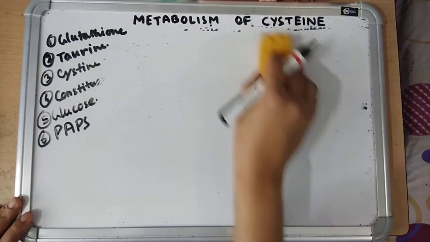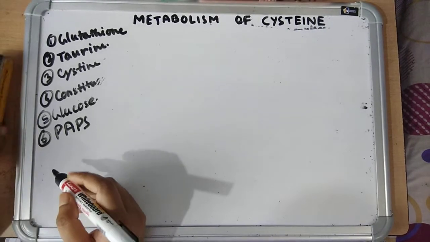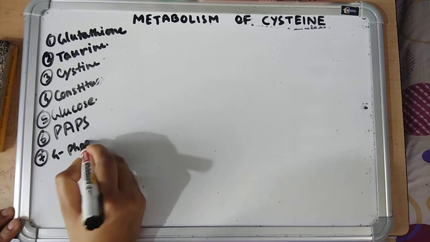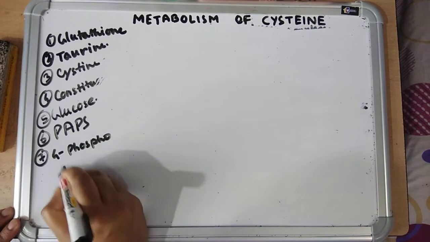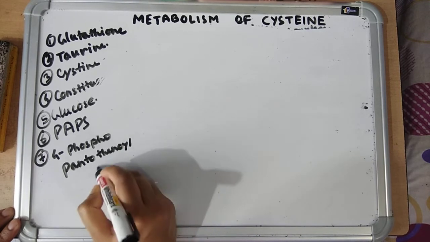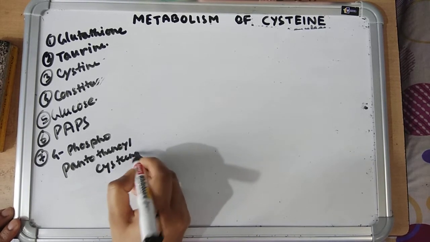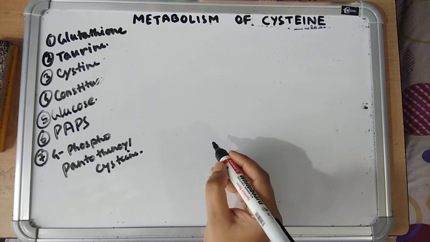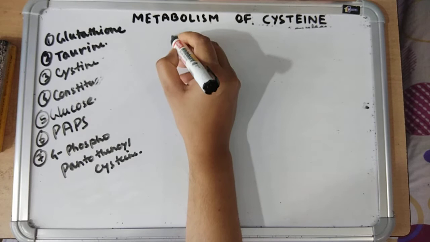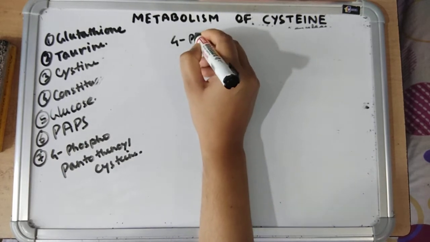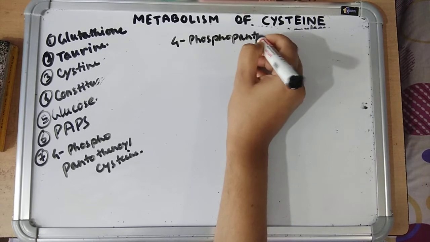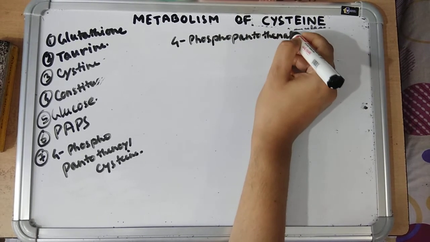Next is formation of 4-phosphopantothenoyl cysteine. This is a component of coenzyme A. So the vitamin B5 or pantothenic acid first is phosphorylated into 4-phosphopantothenate.